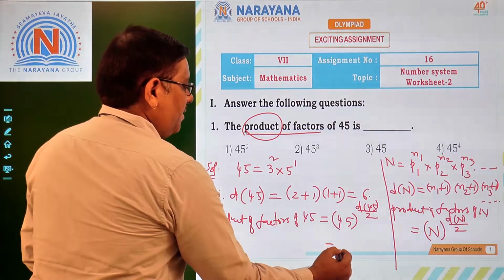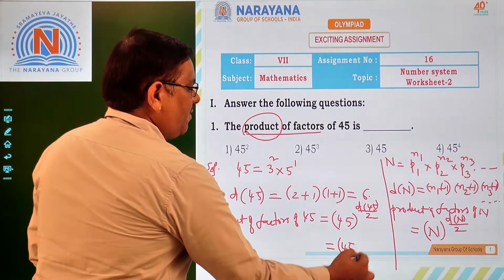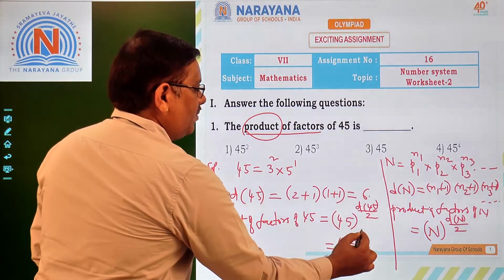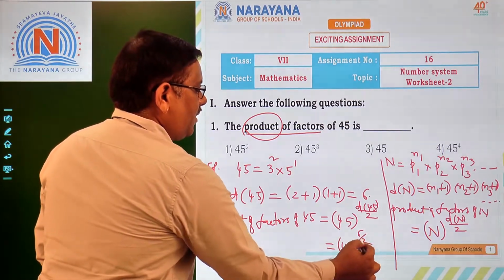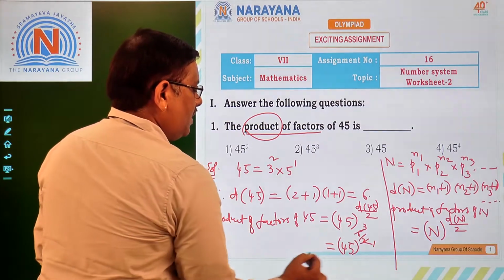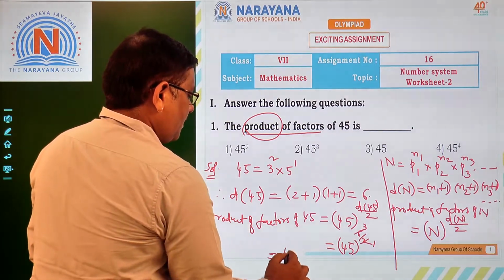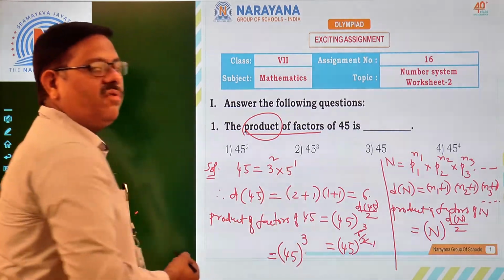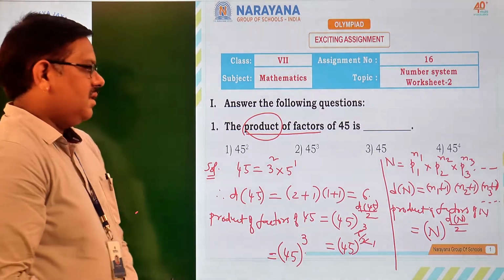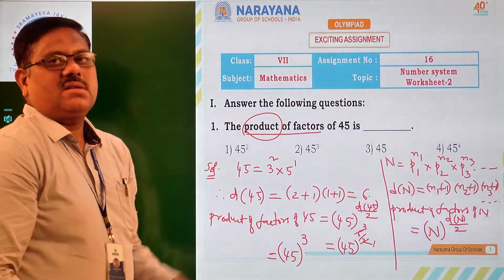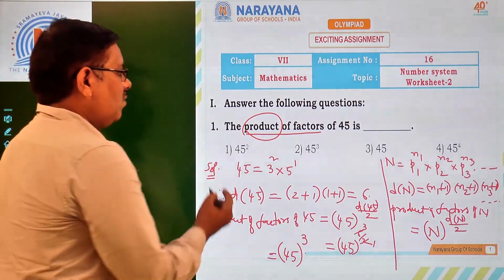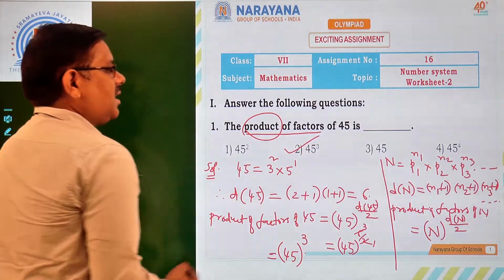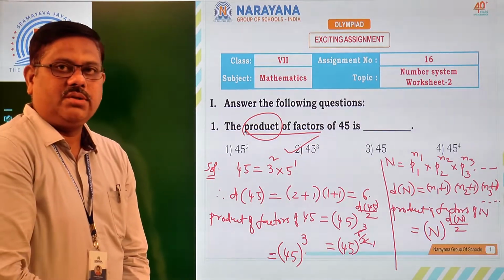So d of 45 we got is 6. 6 upon 2 is 3. Therefore, the answer for this question is 45 to the power of 3. That is the product of the factors of 45. So out of the given 4 options, second option is the correct option.